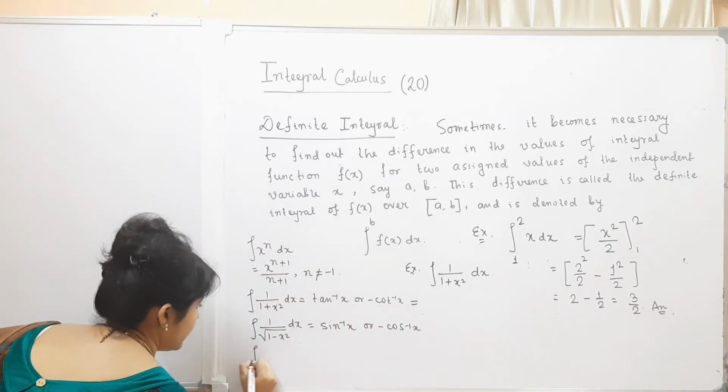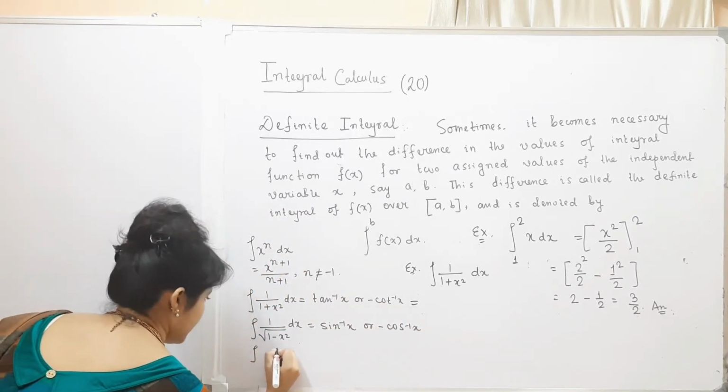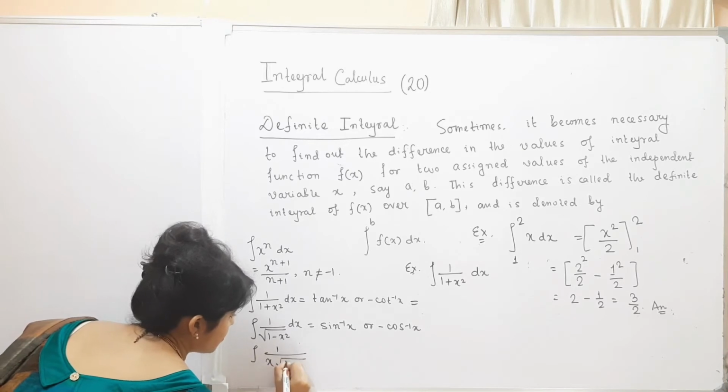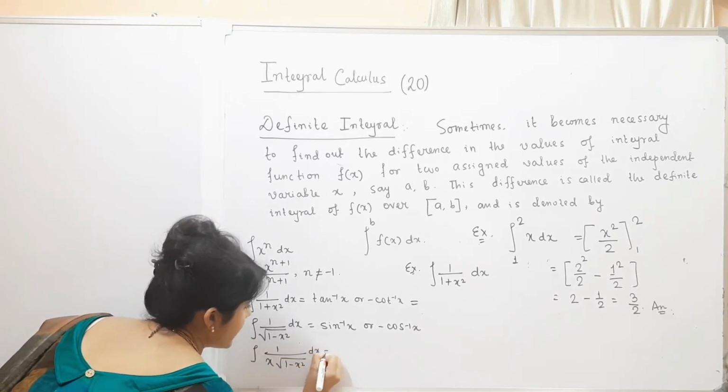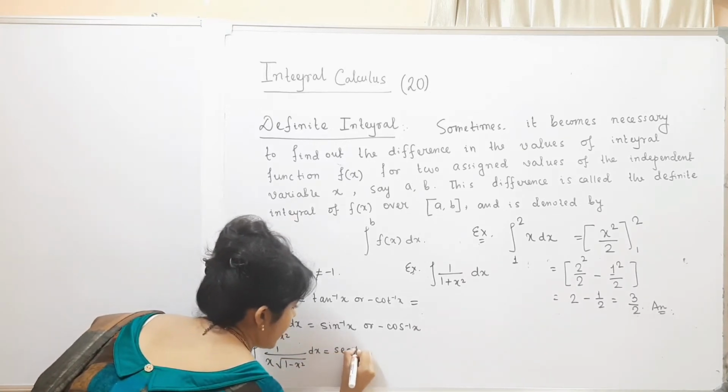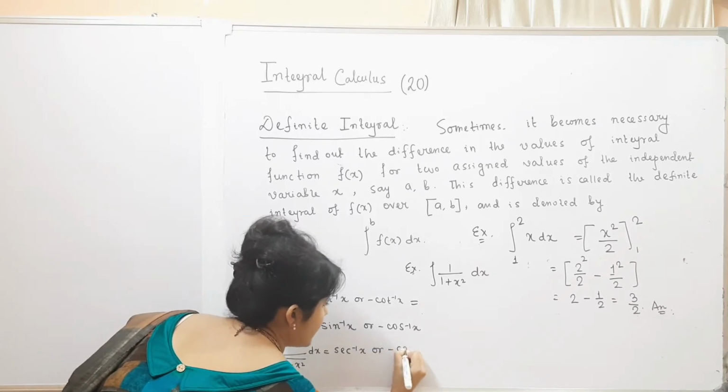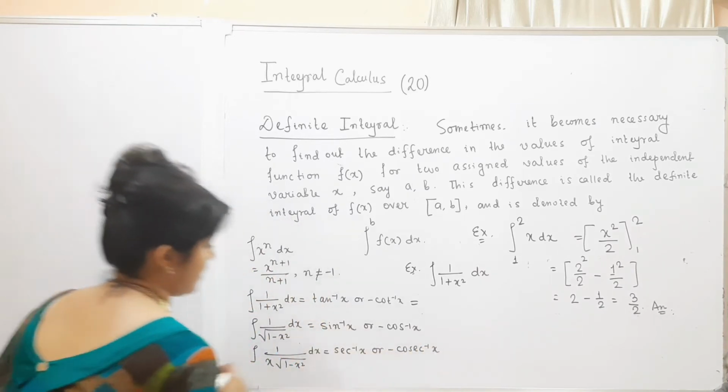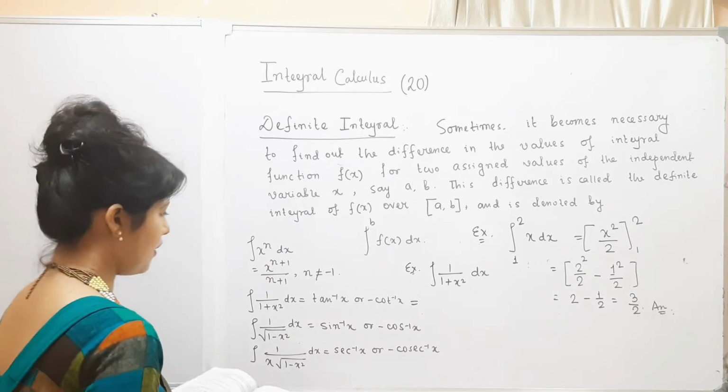And integration of 1 by x into root over x square minus 1 dx will give you sec inverse x or minus cosec inverse x. That was the formula for inverse functions.